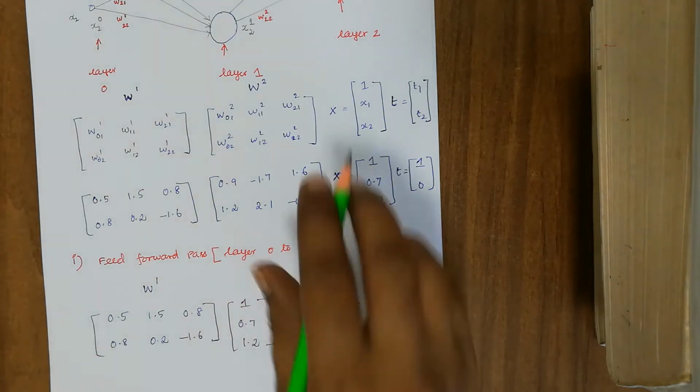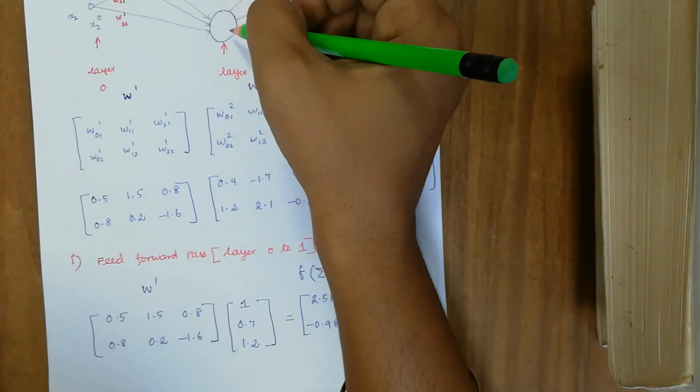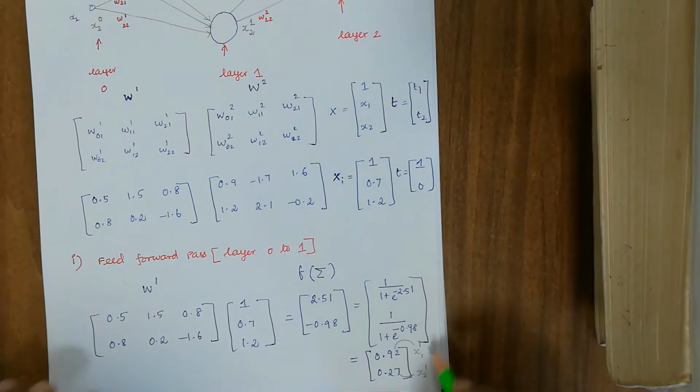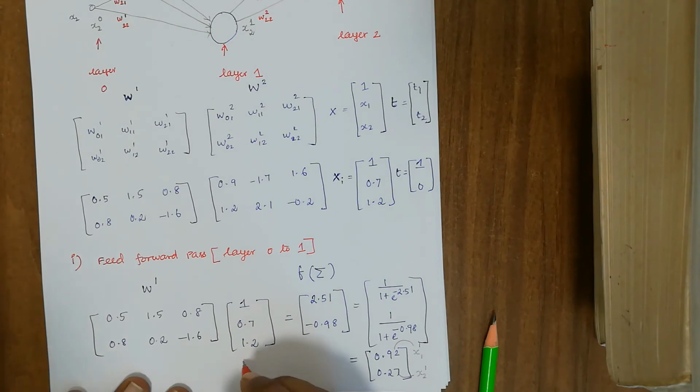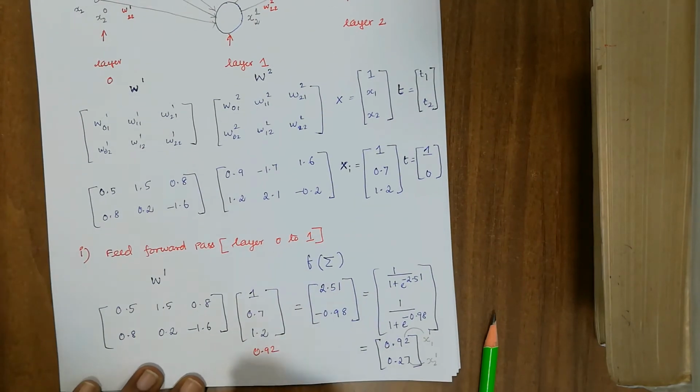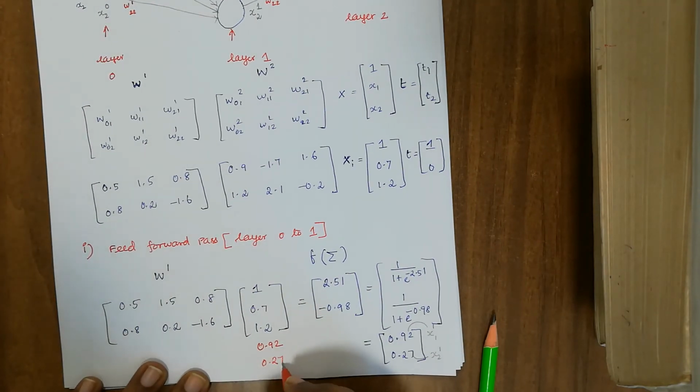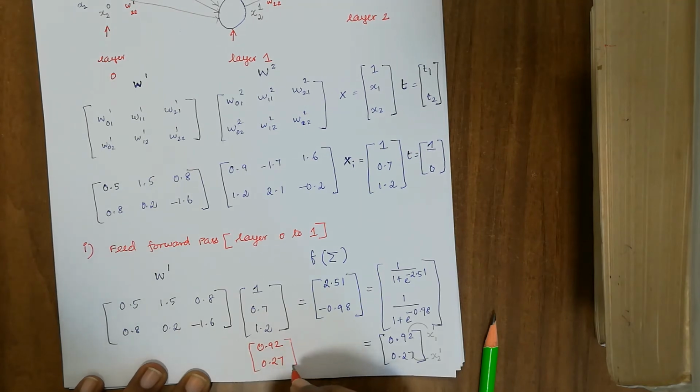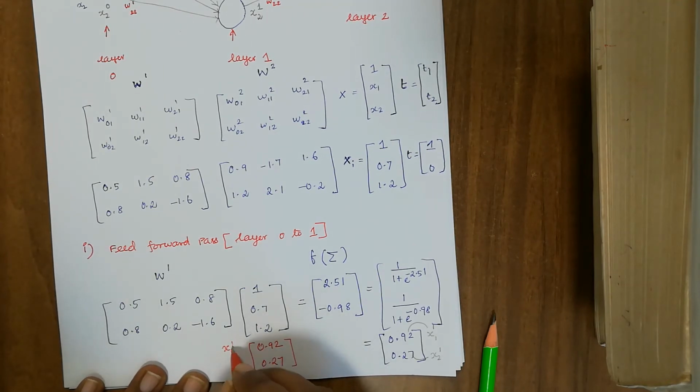So x1 1 value is 0.92 and this is 0.27. So this is the value of x11 and then x21.